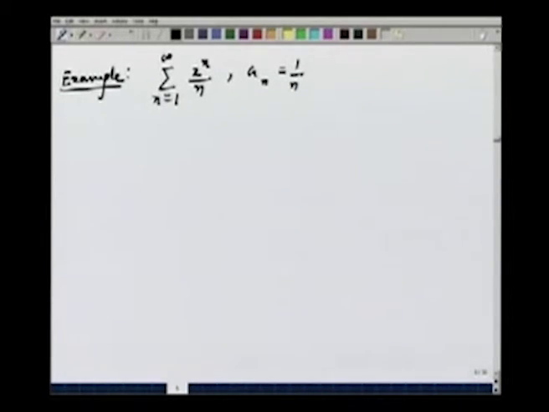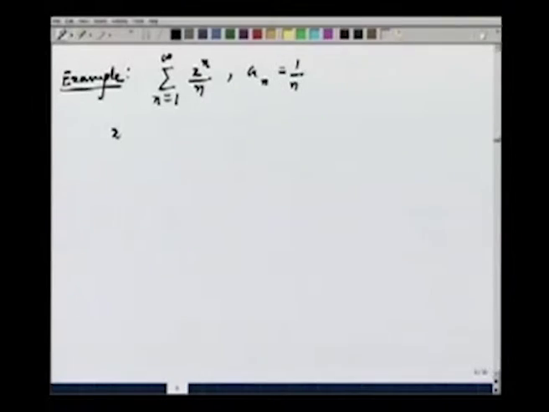We would like to find out the radius of convergence r, and investigate the behavior of the power series at r, and of course at minus r. So first notice that if x equals 1, then the series is summation n from 1 to infinity 1 by n, which diverges.